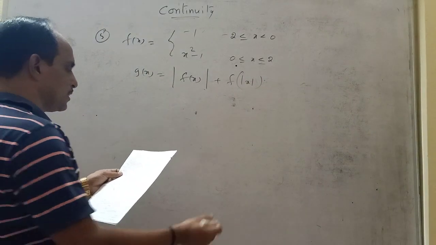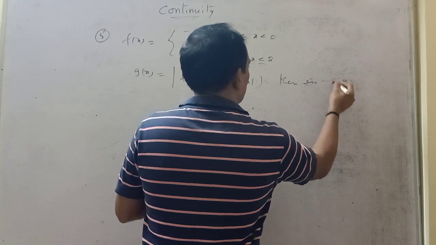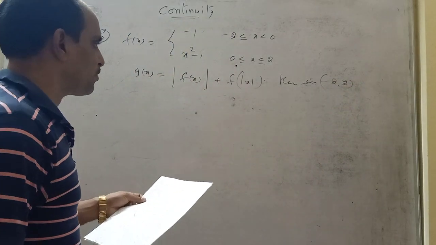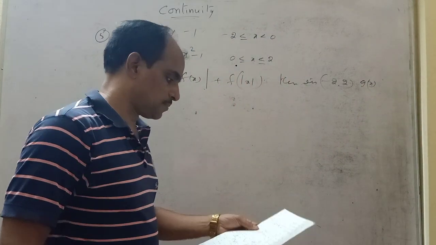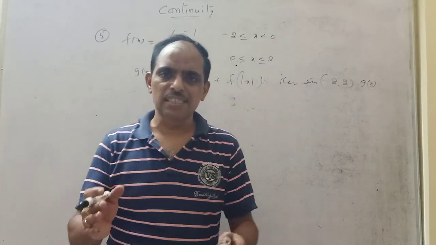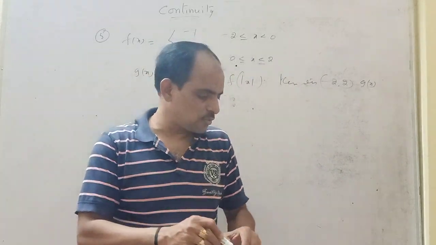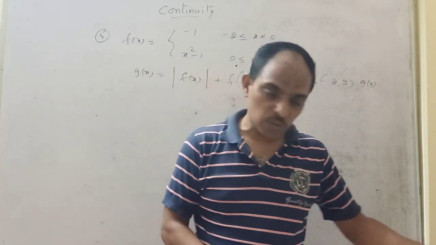You see how different this question is. Then in the open interval minus 2 to 2, what about g of x? In options it is differentiable at x is equal to 1, or not differentiable at x is equal to 1. So we have to verify whether g of x is differentiable at x is equal to 1 or not.